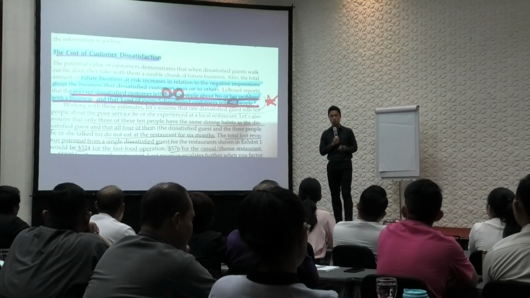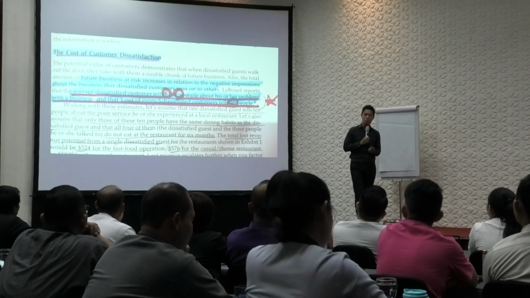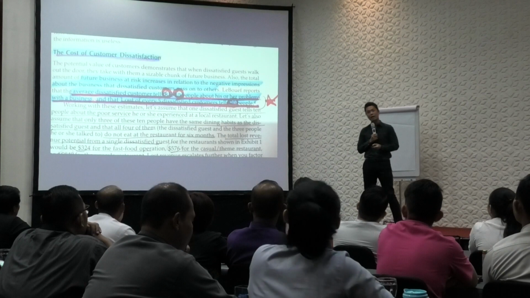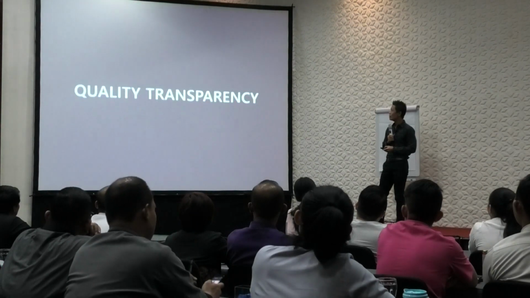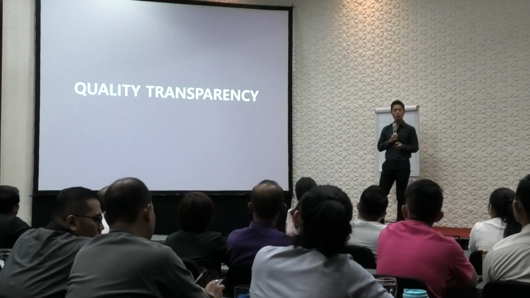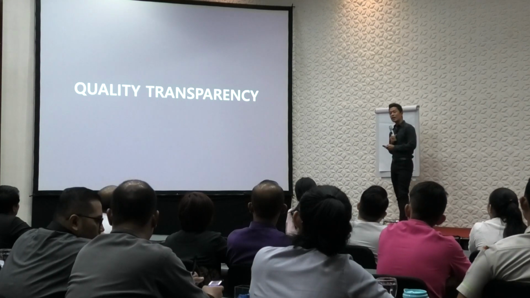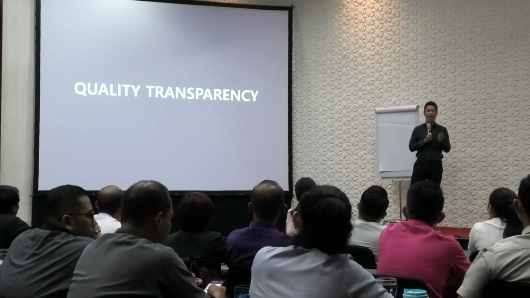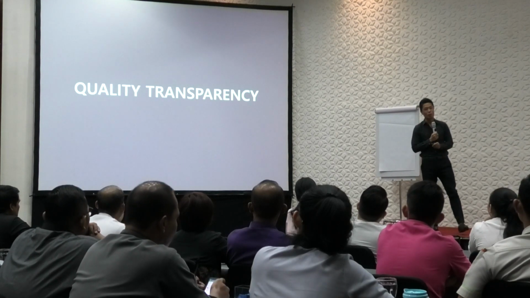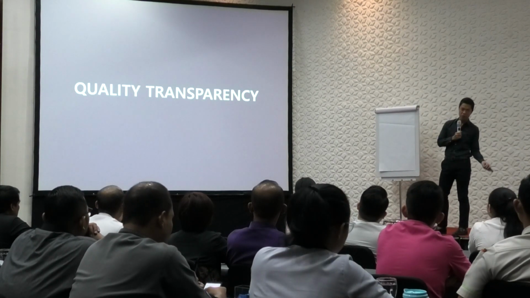So we need to make sure that everybody leaves the hotel with a big smile. The problem is now we are talking about quality transparency, which means unsatisfied guests will not talk to only 8 to 10 people anymore. That was 20 years ago.